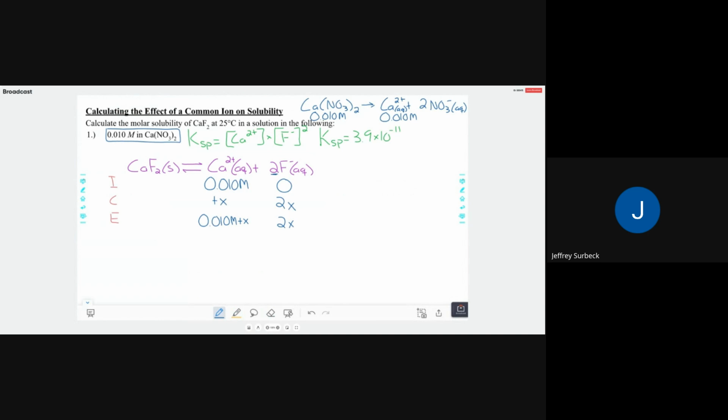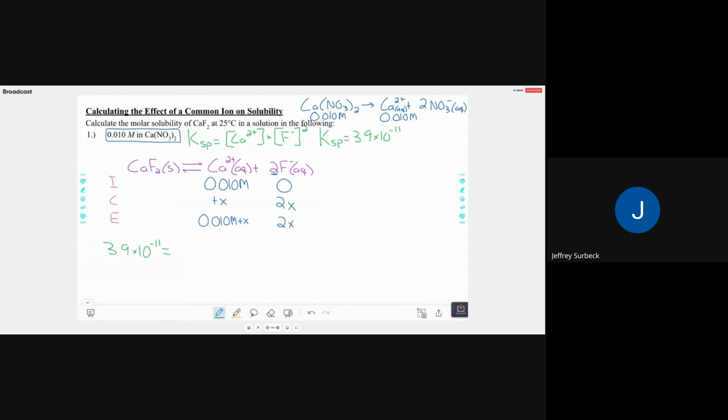Now we can plug these numbers back into our KSP that we established from up top. Remember, KSP is equal to 3.9 times 10 to the negative 11th.